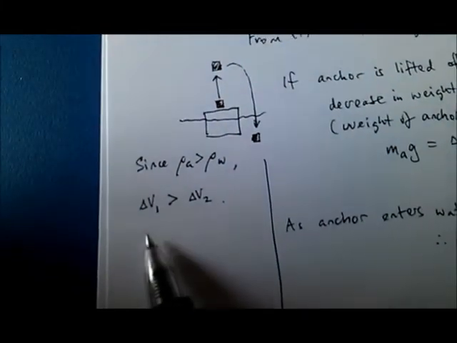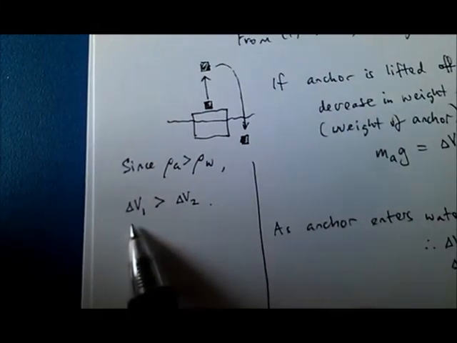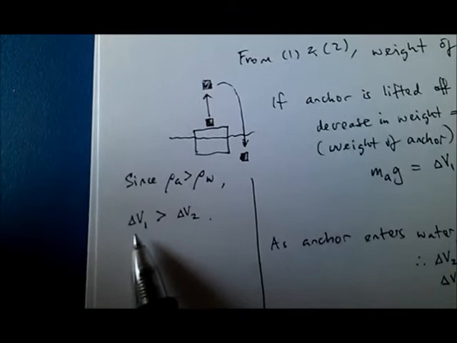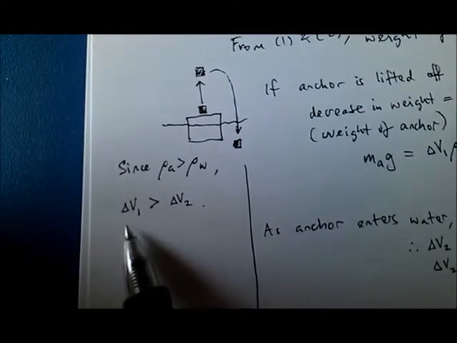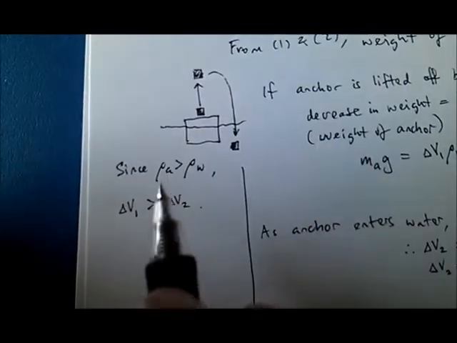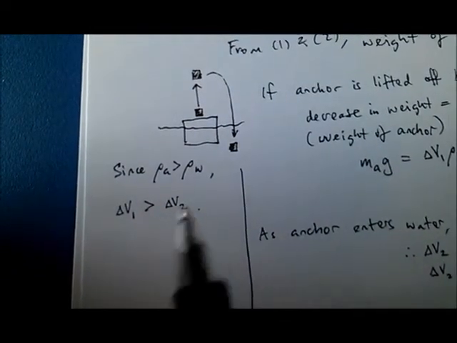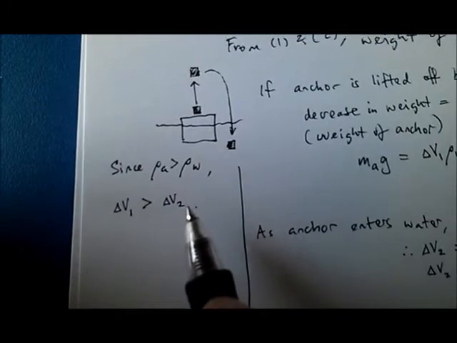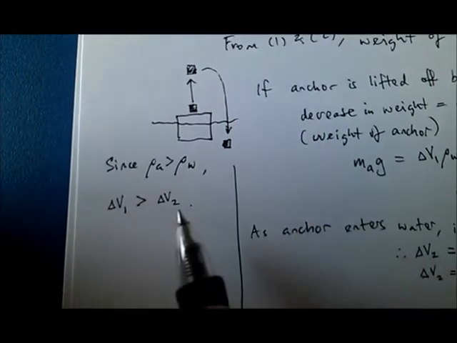This means that the decrease in the volume of the water displaced as the anchor is lifted off the boat and is flying through the air is greater than the increase in the volume of the water displaced as the anchor enters the water.